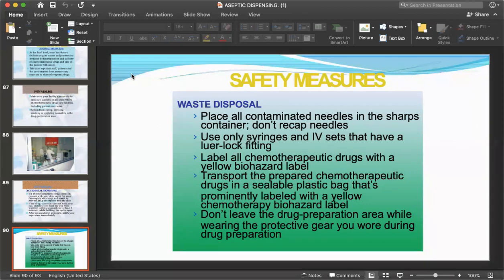Transport the prepared chemotherapeutic drugs in a sealable plastic bag that's prominently labeled with a yellow chemotherapy biohazard label. Don't leave the drug preparation area while wearing the protective gear used during drug preparation. So you have to follow the safety measures while reconstituting or preparing these chemotherapy or cancer drugs.